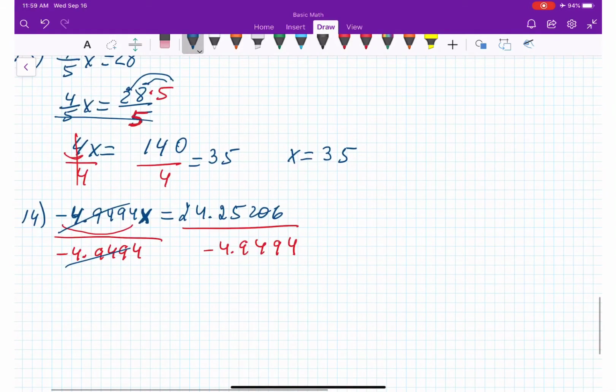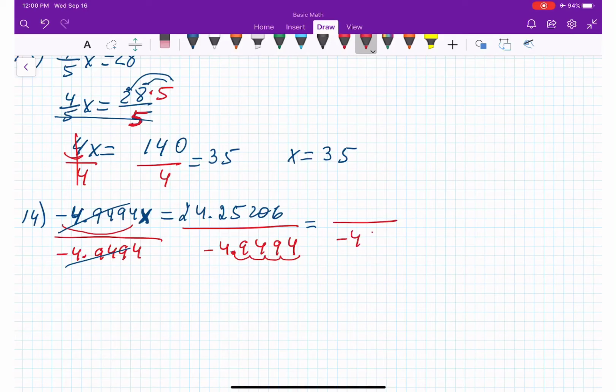So let's see what we are going to do. Since I have here decimal notation for the second number, I have to get rid of decimal notation. So I'm moving by 1, 2, 3, 4 positions, right?